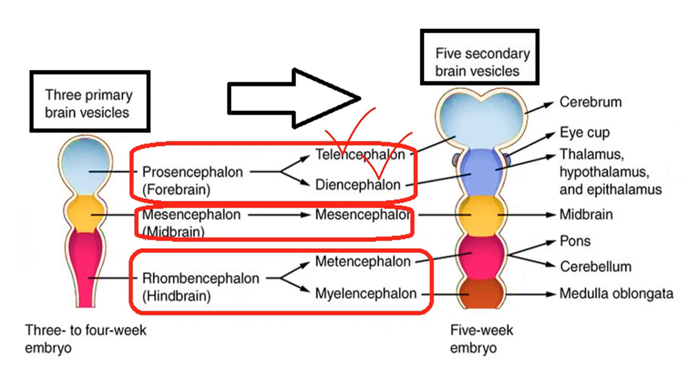Diencephalon will form thalamus, hypothalamus, subthalamus and epithalamus, and telencephalon will later develop into the cerebrum. The hindbrain also separates into two vesicles, which are metencephalon and myelencephalon. Metencephalon will form pons and cerebellum, and myelencephalon will later form the medulla.